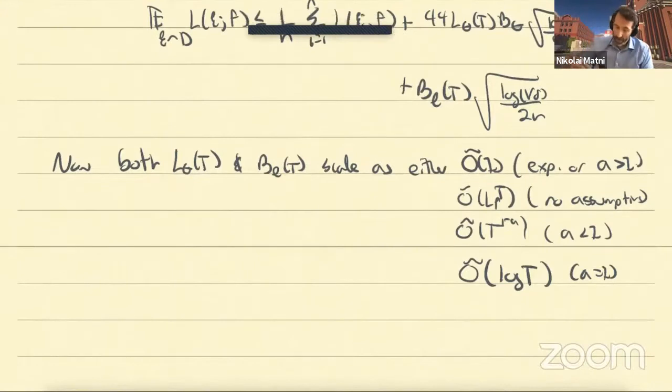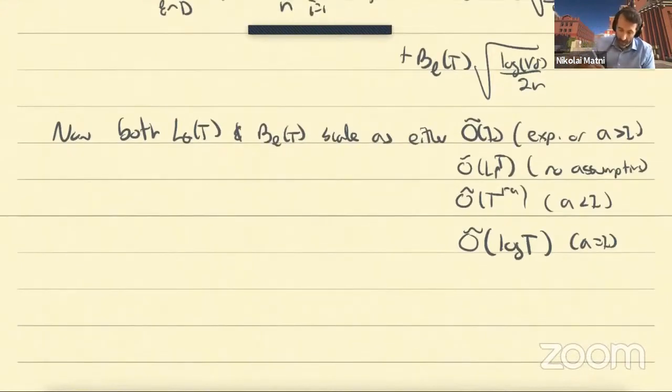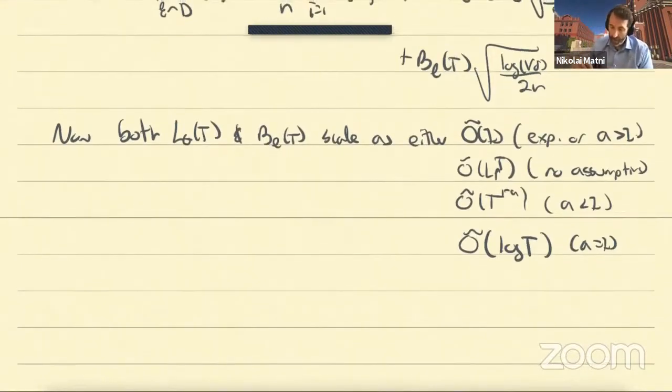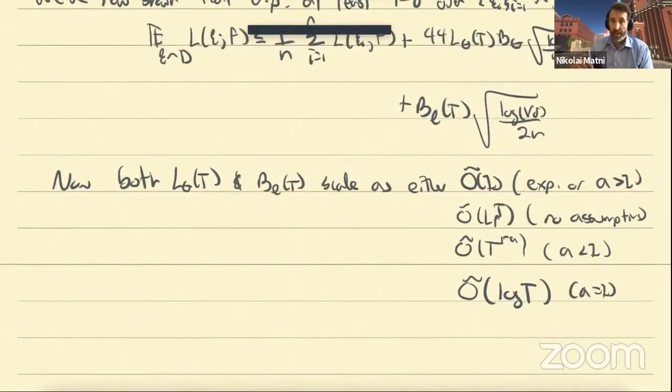So the main takeaway is you have this dependence on the time horizon that varies with the underlying stability properties times square root k over n. That's how these things scale.